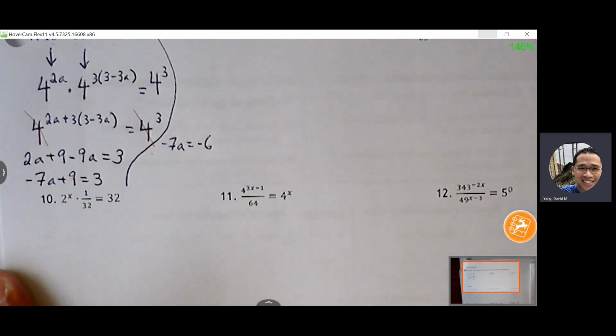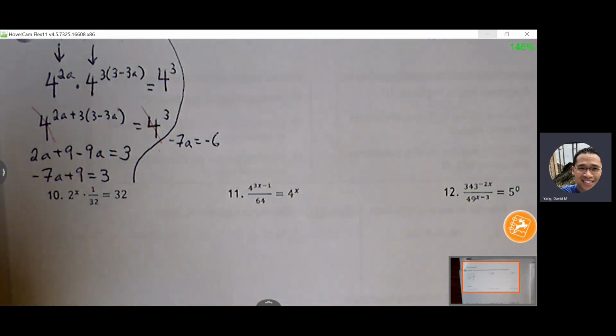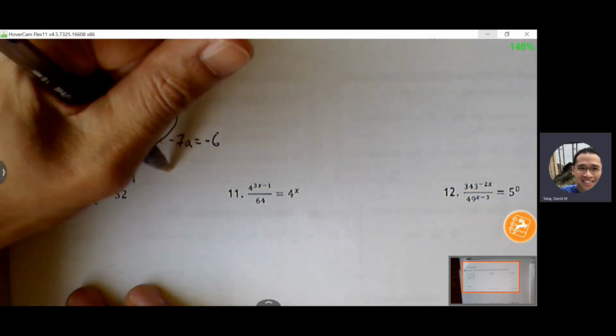Negative 7a equals negative 6. Once I combine like terms, divide both sides by negative 7.